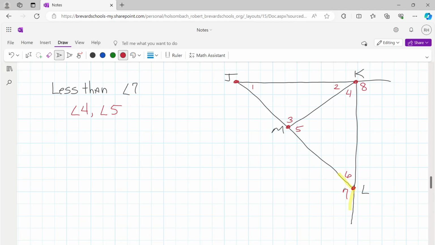Now, since angle 7 is an exterior angle for this small triangle inside and this larger triangle around the outside, LKJ, then this angle right here, this combination of two angles, that's a remote interior angle for angle 7 in the big triangle, and so is this angle right here, angle 1.